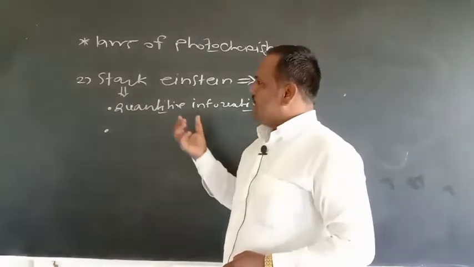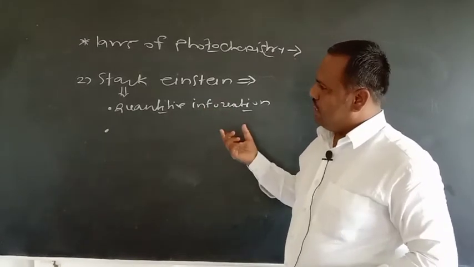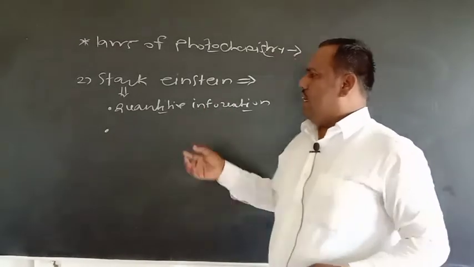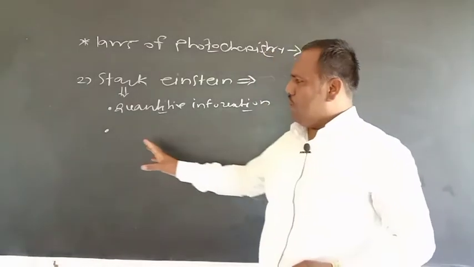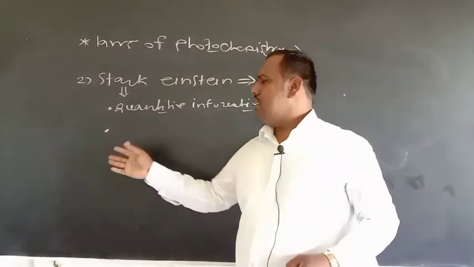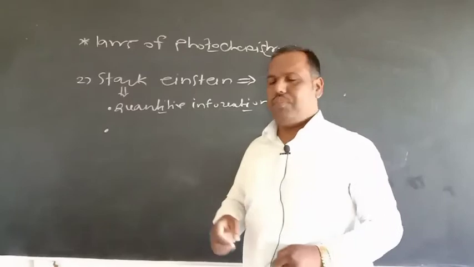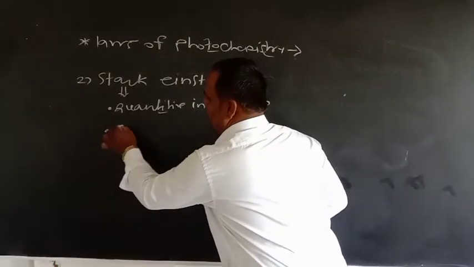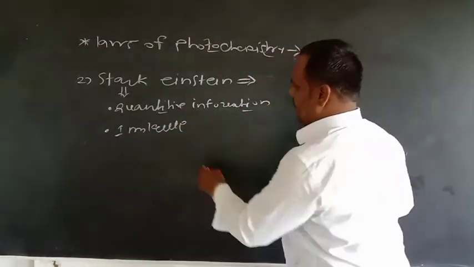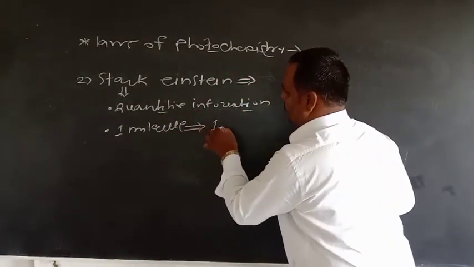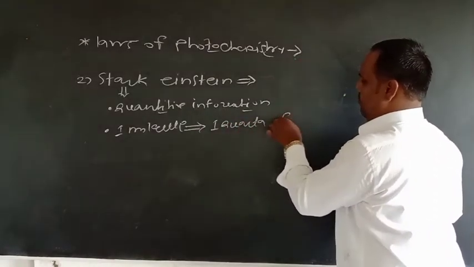So the conclusion of this Stark-Einstein photochemical law is that an individual molecule absorbs 1 quanta of radiation.